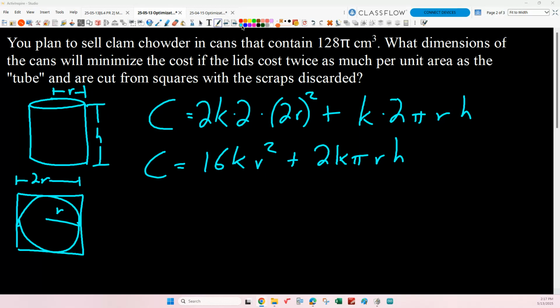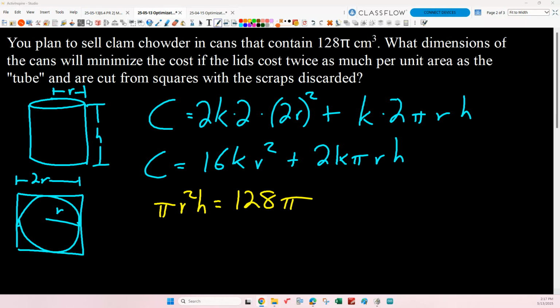2 variables. The volume is 128 pounds. Okay, what's the volume of a cylinder? Pi r squared H, right? So what are we going to solve for?